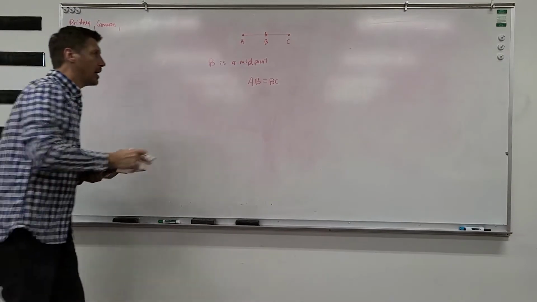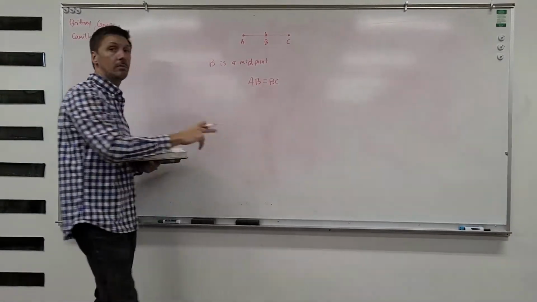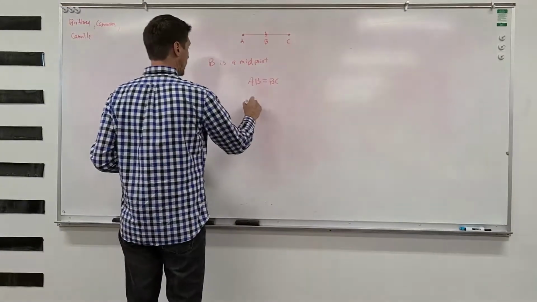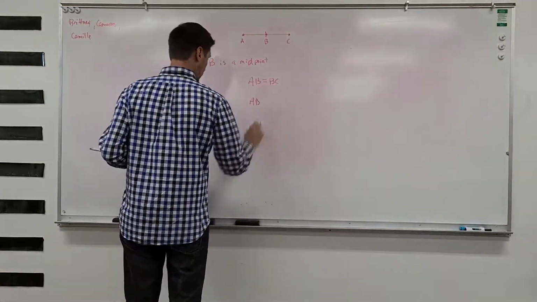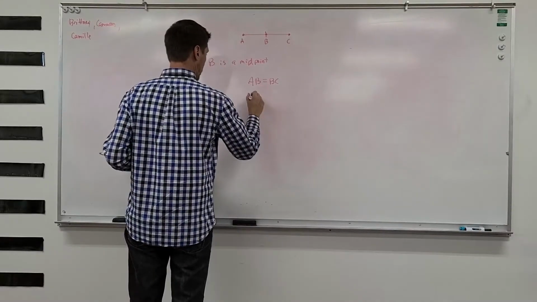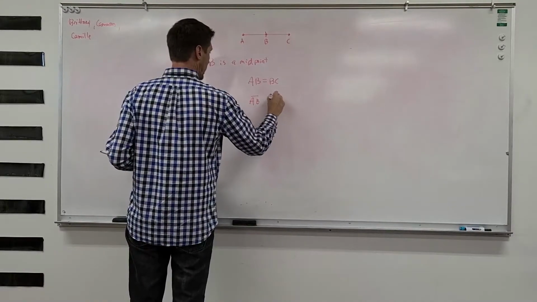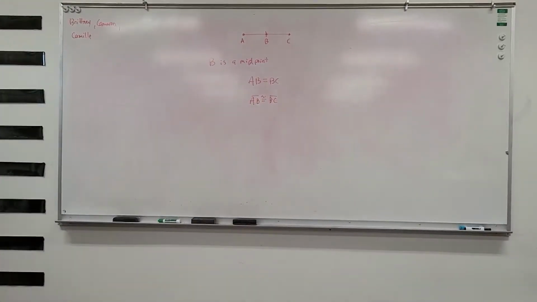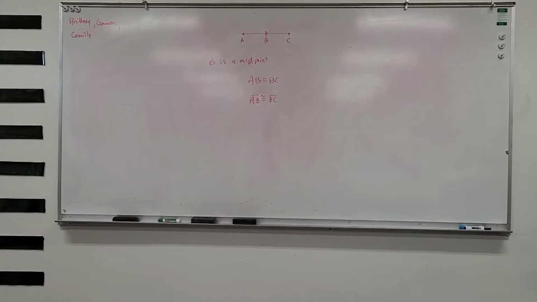Now remember, if I write AB like this, I'm talking about the length of the line segment. If I wanted to say that the lengths of two line segments were the same, then I wouldn't write an equal sign. I would say those line segments are congruent. All right, so just to get you to remember what we mean by congruency versus equality.